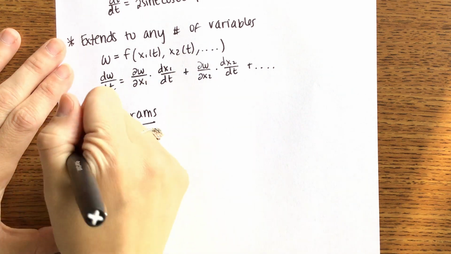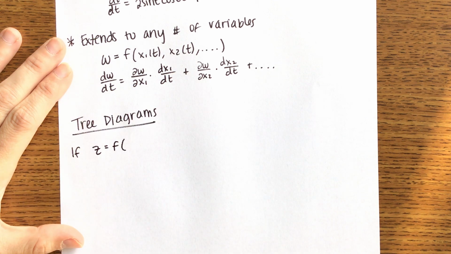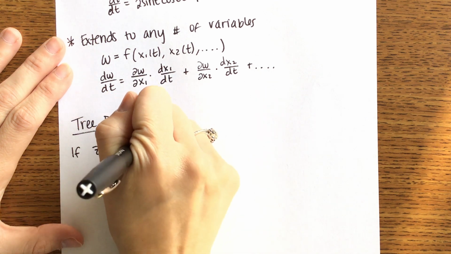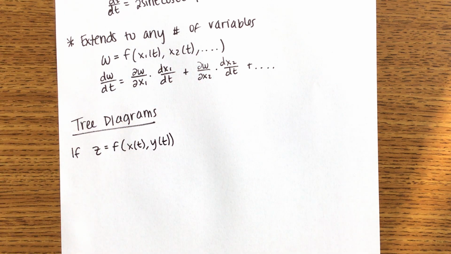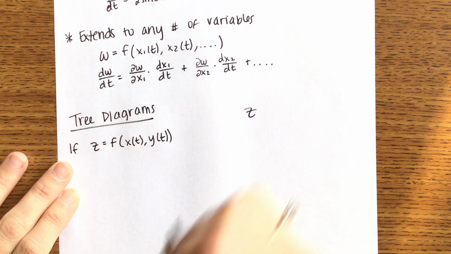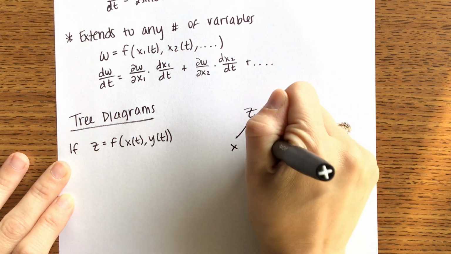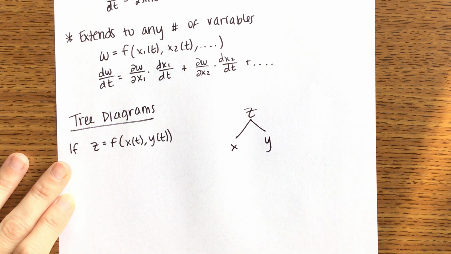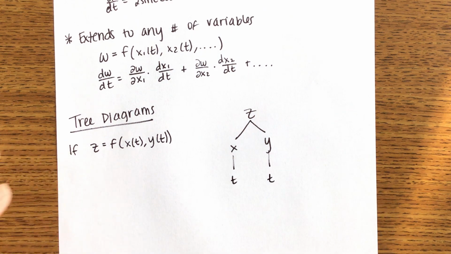Okay, so here's how the tree diagram works. Let's just use the case we've already looked at, where z is a function of x and y, and x and y are functions of t. Okay, so here's how your tree is going to work. You start with z. Z is defined by x and y. X is defined by t, y is defined by t.